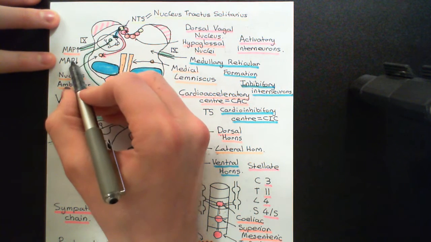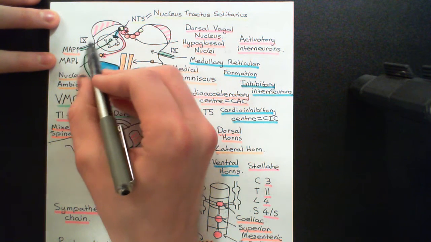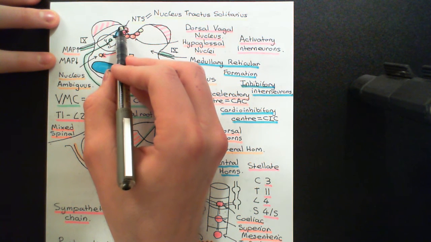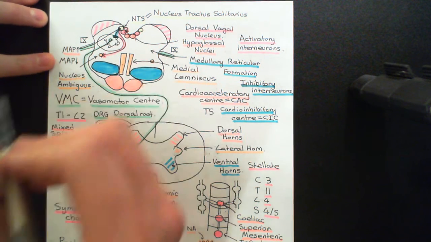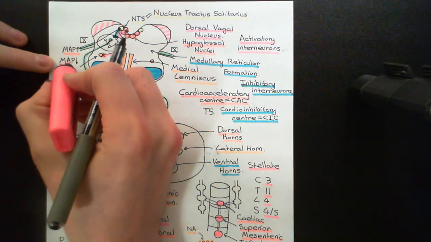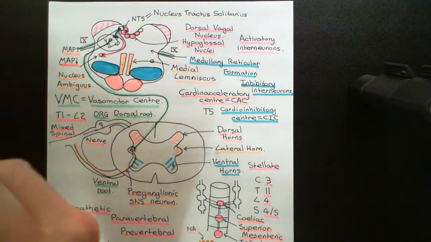Now remember, at normal mean arterial pressure, there is a certain frequency of action potentials coming in here, so there's a certain stimulation to the nucleus tractus solitarius. If mean arterial pressure falls, then that stimulation to the nucleus tractus solitarius is going to go below what is normal.